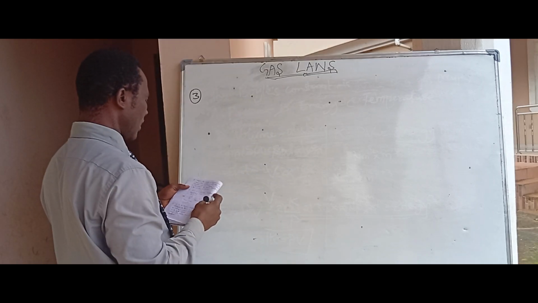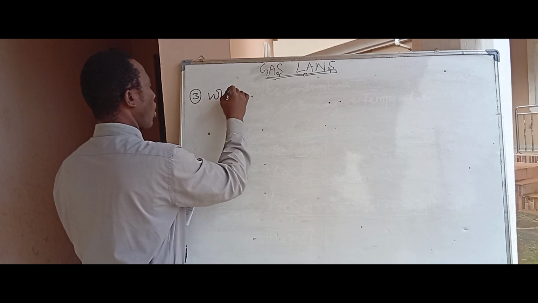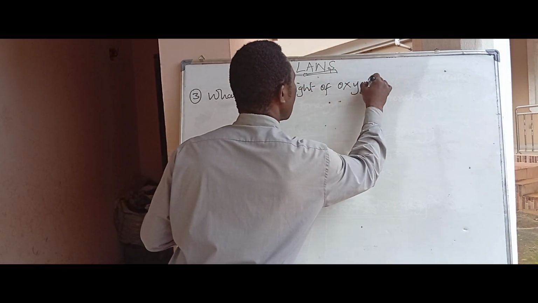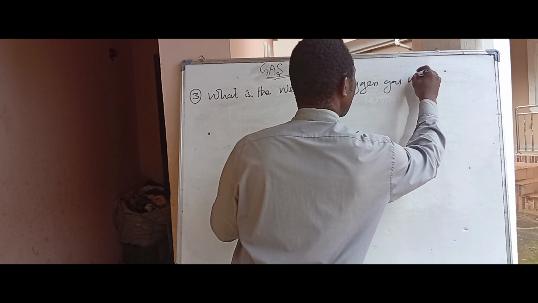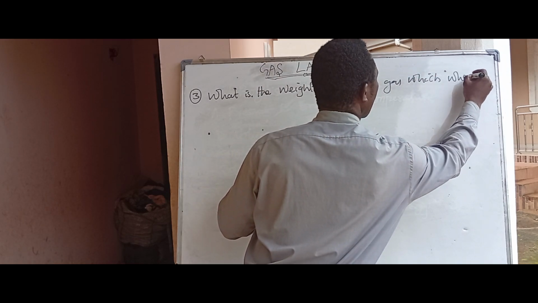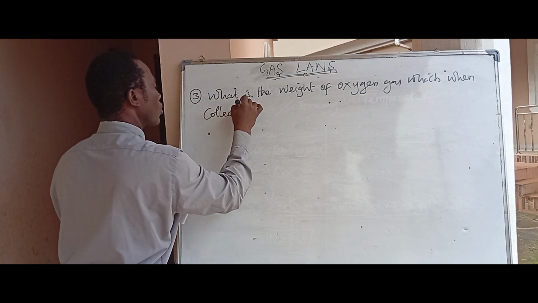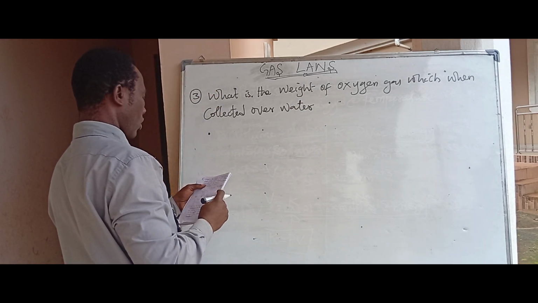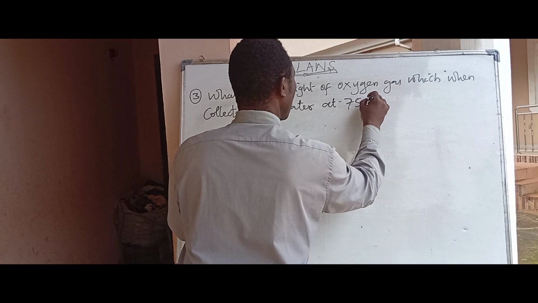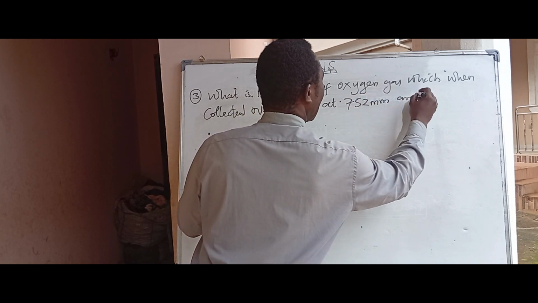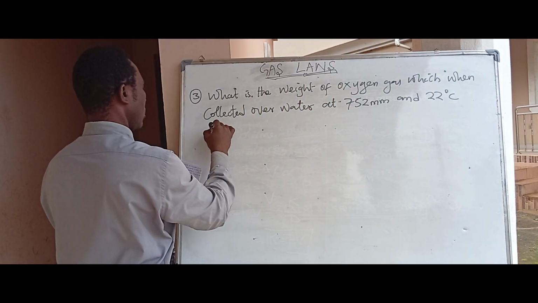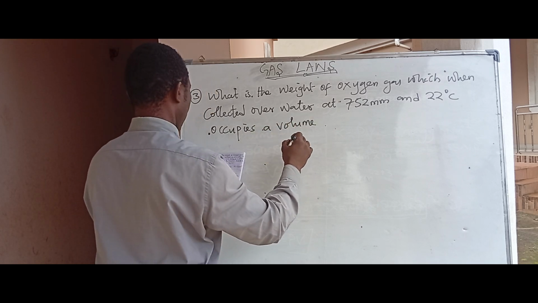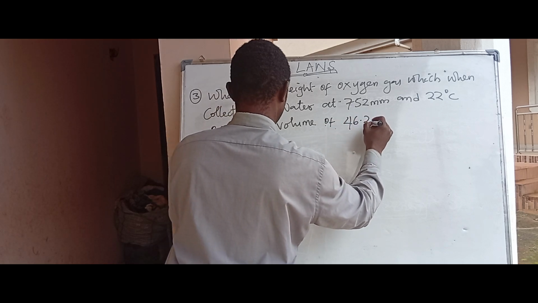Question 3 says, what is the weight of oxygen gas which, when collected over water at 752 millimeters of mercury and 22 degrees Celsius, occupies a volume of 46.2 centimeter cube?